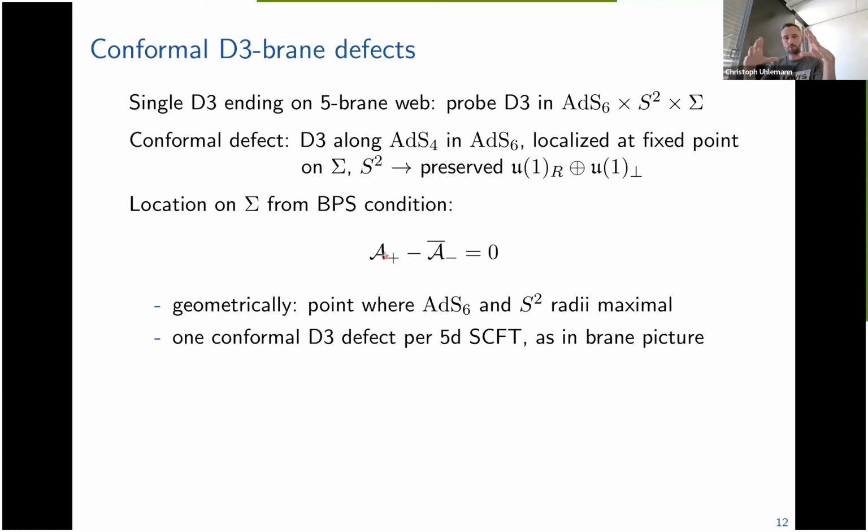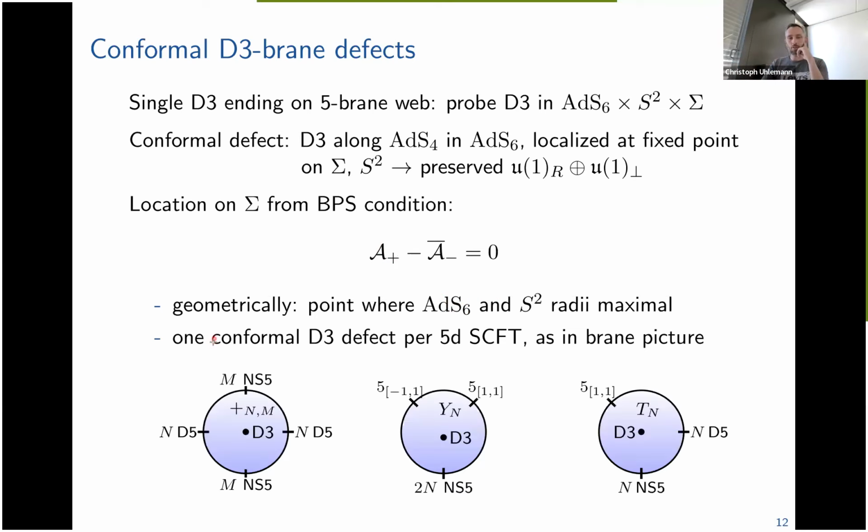On the Riemann surface Sigma, we have at each point an AdS6 and an S2. And this condition characterizes the point where the AdS6 radius is maximal, and that happens to be the same point where the S2 radius is maximal as well. And for regular solutions, there's exactly one such point where the AdS6 and S2 radii are at a maximum.